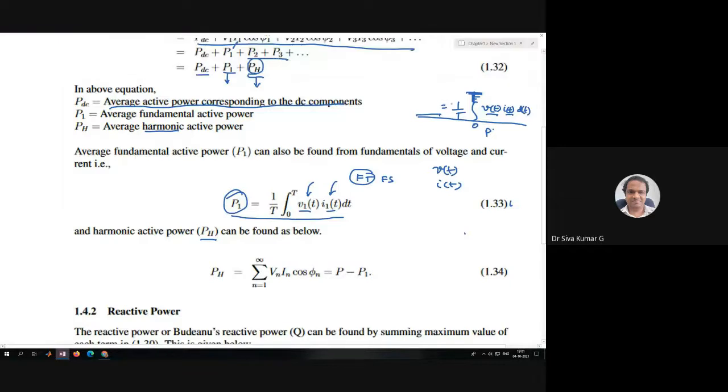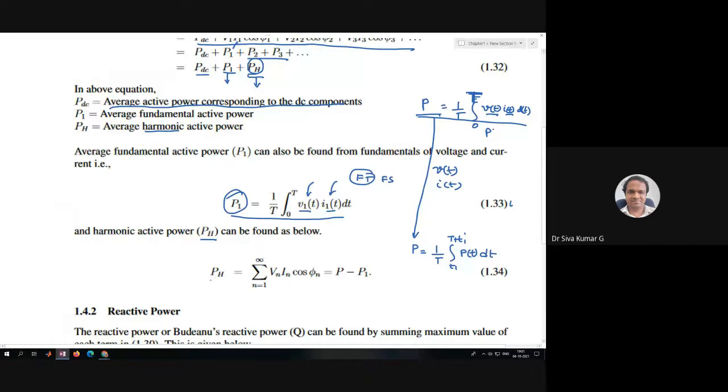It should be capital P, which is equal to 1 by T, integral from T1 to T plus T1, of P of t dt. We can find it out.